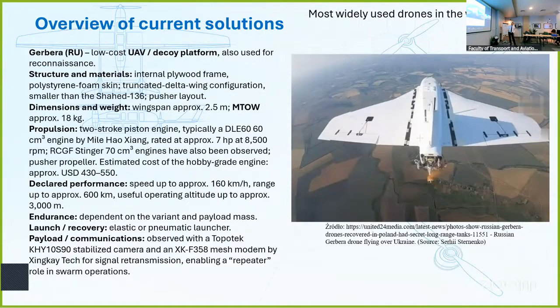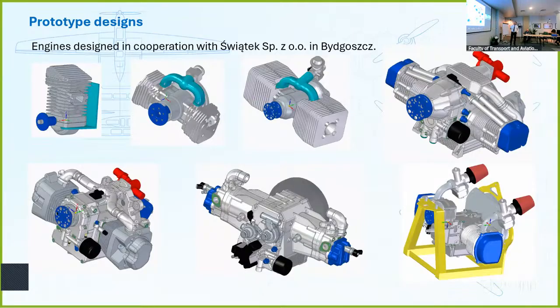Jeśli chodzi o takie produkcje jak Gerbera, to mam silnik DLE chiński, 60 cm pojemności jak w skuterze, taki silniczek kosztuje 500 dolarów. Więc produkcja jest w setkach tysięcy. Tych silników można z kosiarki wszystko założyć, a efekt jest taki, że mamy uderzenia pociskami za kilkadziesiąt milionów złotych.